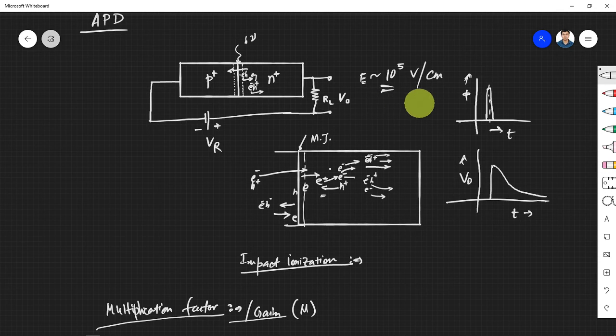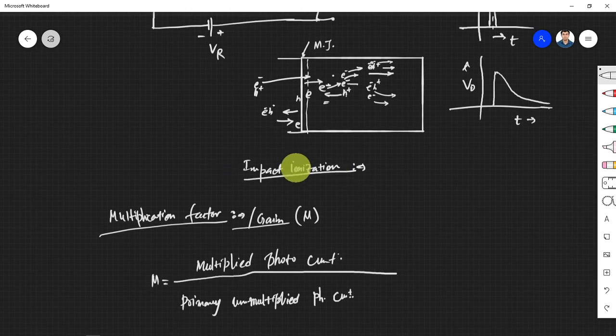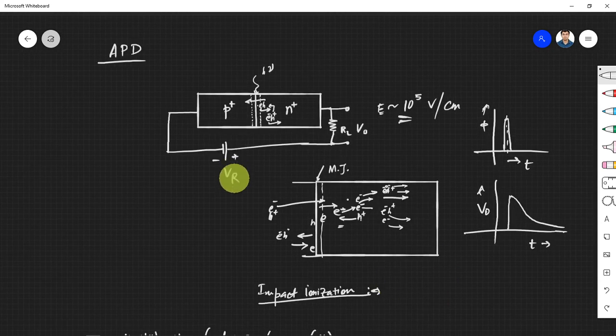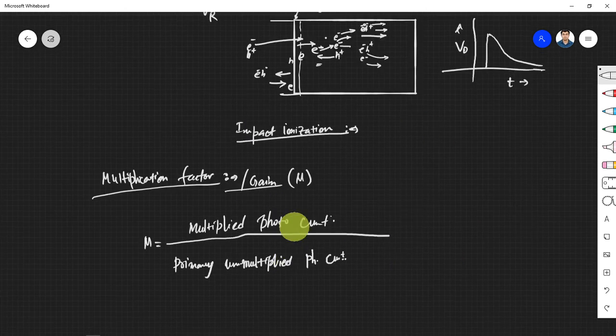We have applied sufficient electric field for this impact ionization process to start. It has a threshold electric field we need. Once we cross that, we get this multiplied photocurrent. The primary unmultiplied photocurrent is when you apply a lower voltage so that this impact ionization doesn't start. So you'll get a very low current, and the ratio between these two gives you the multiplication factor.